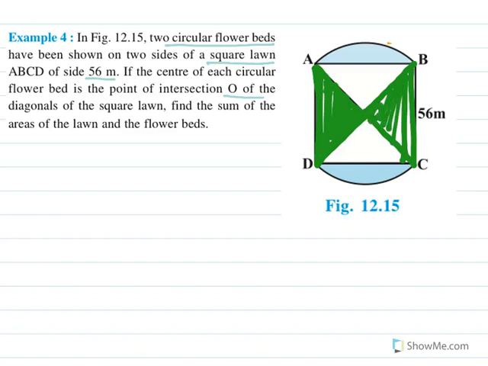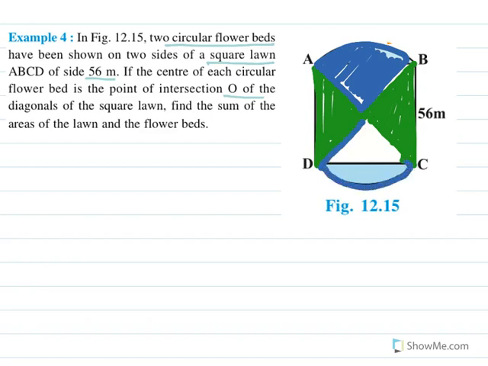They both will have the same area, and then I will find the area of the sector AOB and the sector ODC. So this is how we are going to go about our sums. First find the green area and find the blue area and then add them up.